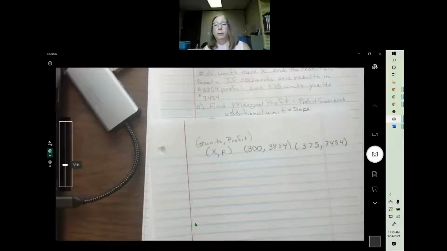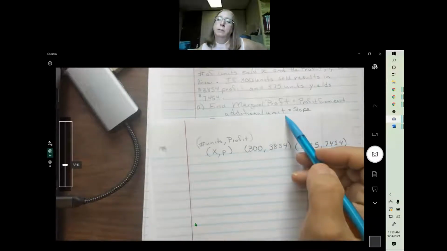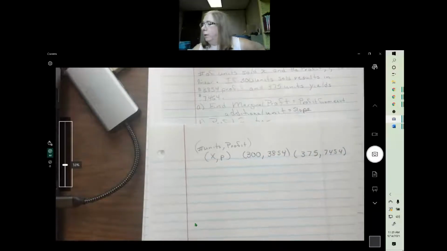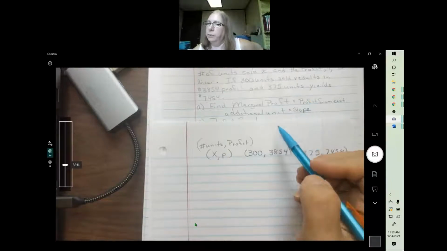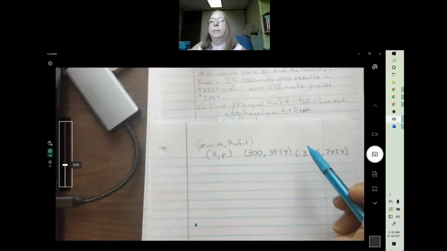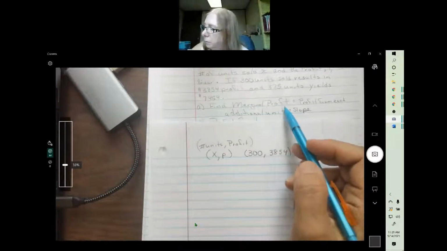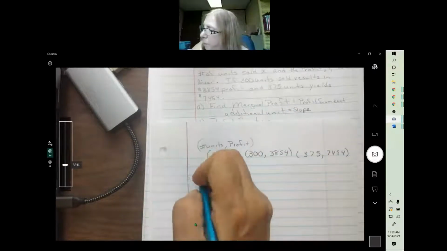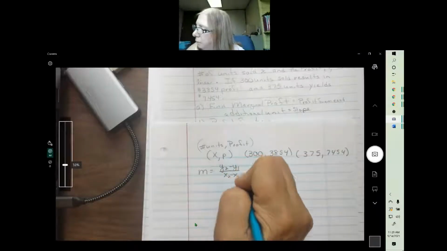Marginal profit is slope. It can also be called the profit from each additional unit. So any one of those three things mean to take the slope. Profit from each additional unit, marginal profit, slope. Your slope formula, y2 minus y1 over x2 minus x1.